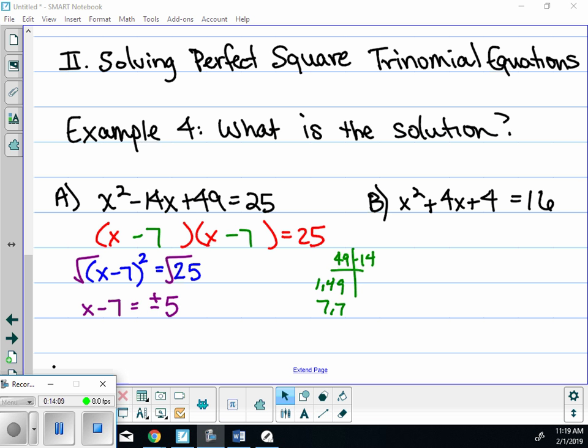Which basically leaves me with 2 equations. I have x minus 7 equals positive 5 and x minus 7 equals negative 5. Just solve each of those. So add 7, add 7, add 7, add 7. So x equals 12 and x equals 2.